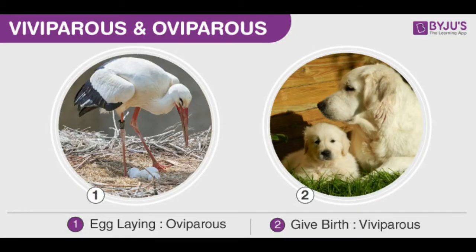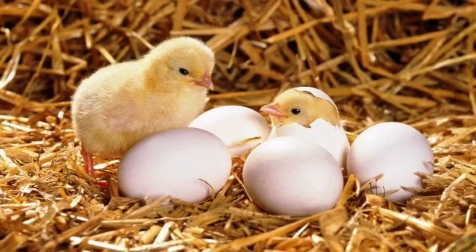In animals, when the development of the zygote takes place inside the body of the female parent, it is called viviparous. In oviparous animals like reptiles and birds, the fertilized eggs covered by hard calcareous shell are laid in a safe place in the environment. After a period of incubation, young ones hatch out.